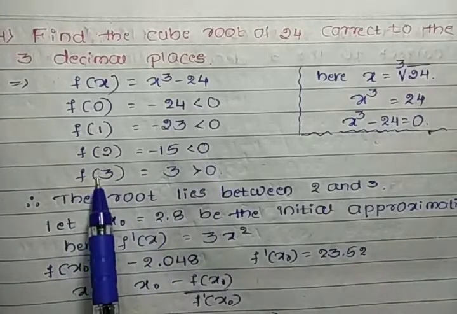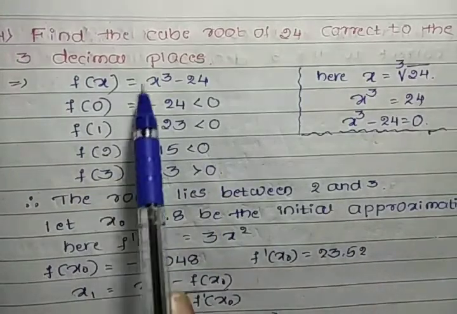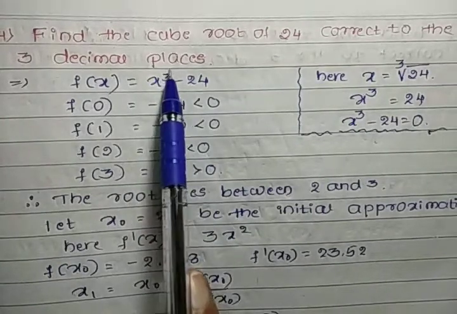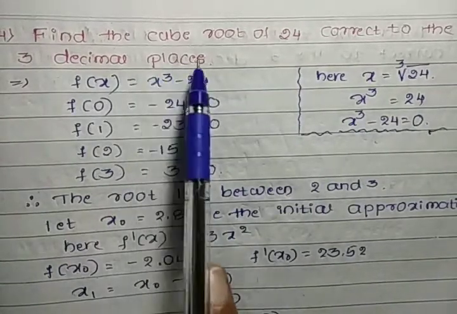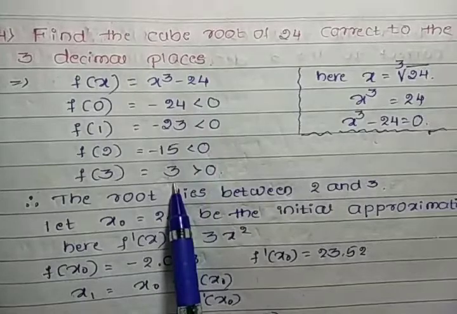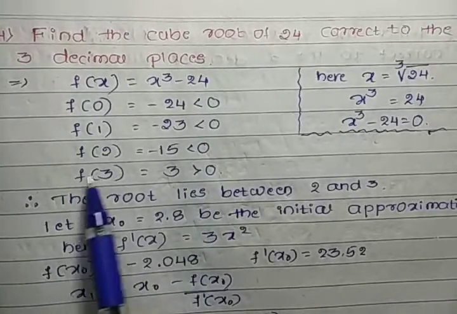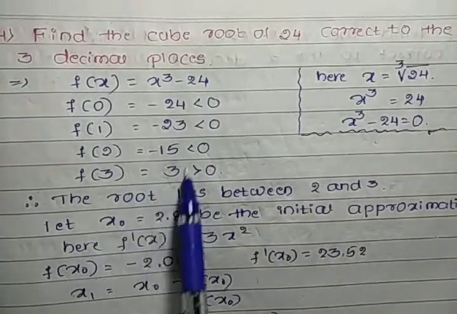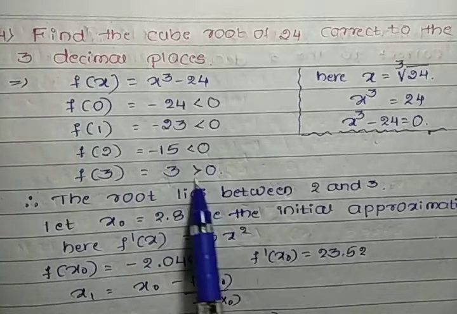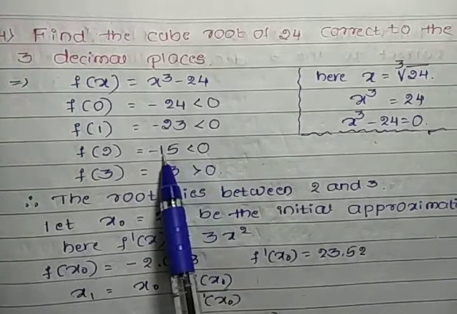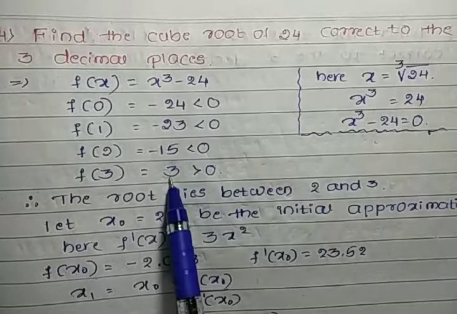Next go for f of 3. So 3 raised to 3 means 3 3s are 9, 9 3s are 27. Now 27 minus 24, that is plus 3. So when we replace x value as 3, we get plus 3, which is greater than 0. So the previous one is negative and this one is positive.